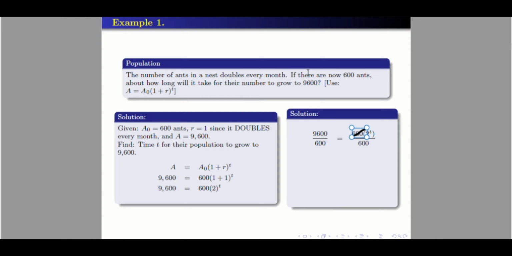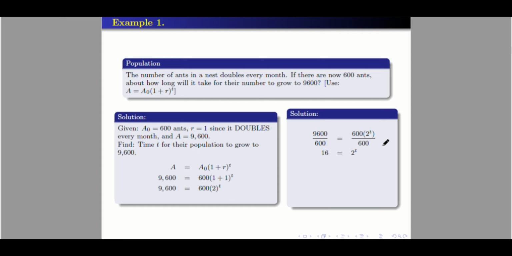So cancel the 600. Take note t is only the exponent for 2. Next, 9,600 divided by 600 is 16. And we are left with 2 raised to t because 600 is cancelled.